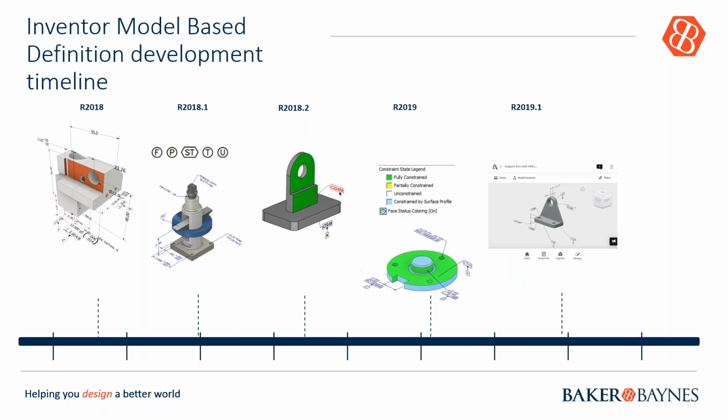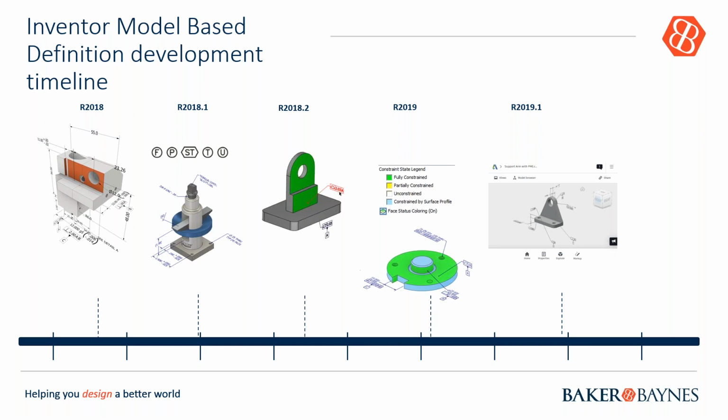So the development of this timeline: in 2018, model-based definition was introduced under the Annotate tab in Inventor. Following 2018.1, some additions have been made to that, as well as in 2018.2, where you could pick faces directly. 2019 was actually a nice enhancement to that.